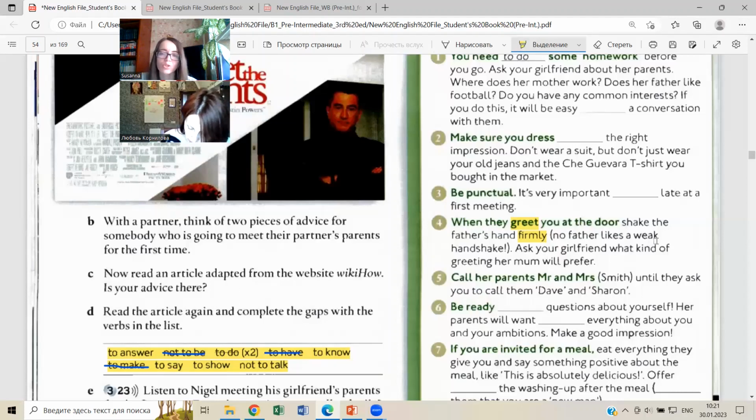Strong and weak, opposite. Yes, слабое. Just a moment. Типа никакой отец не любит слабого рукопожатия?